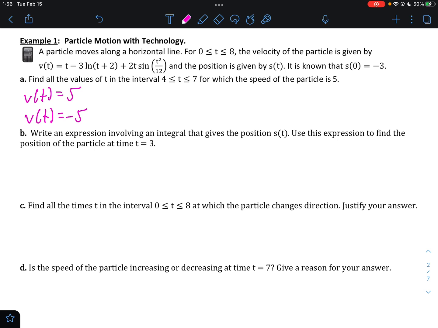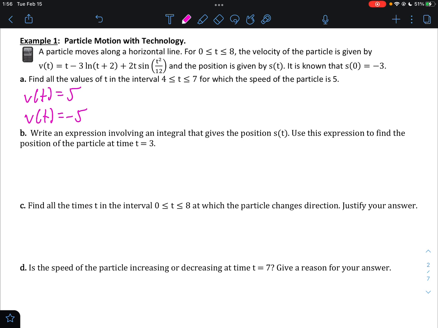And what we're going to do here is we're going to set y2 equal to 5 and y3 equal to negative 5. All right, and then we're going to take a look at this graph.